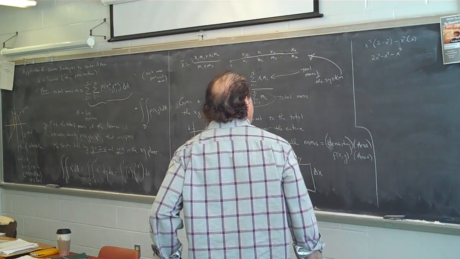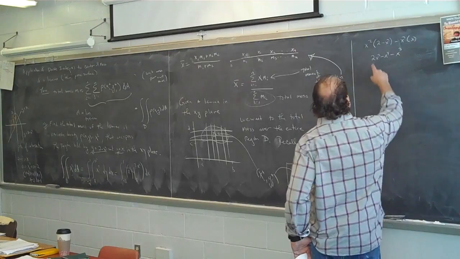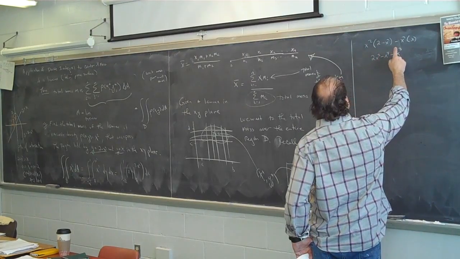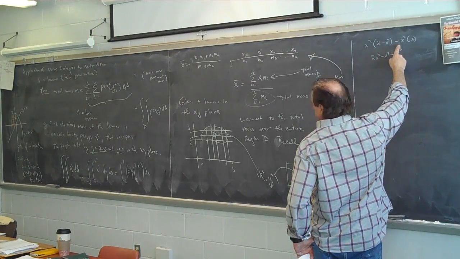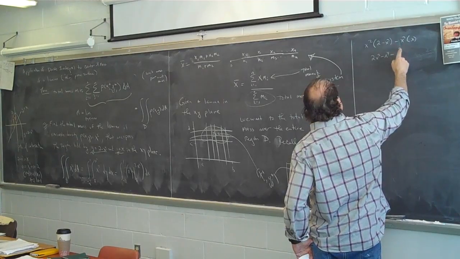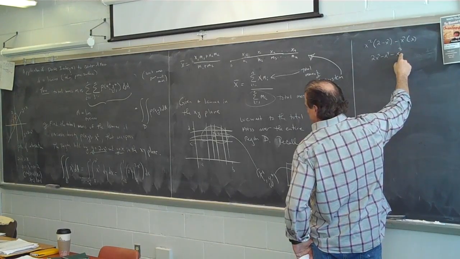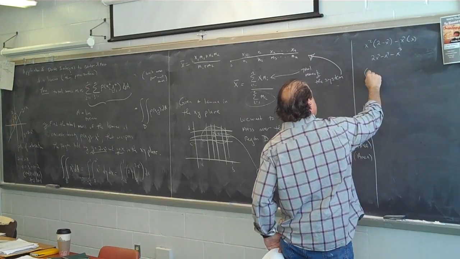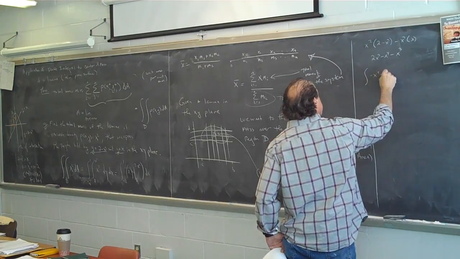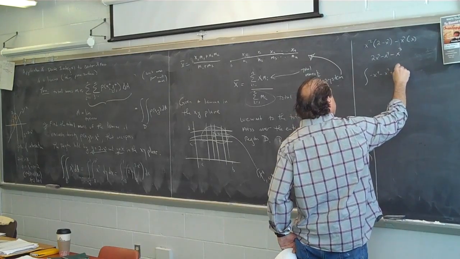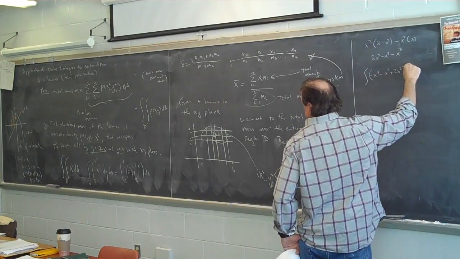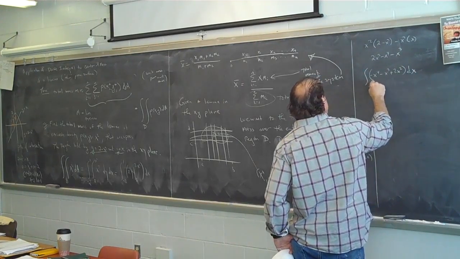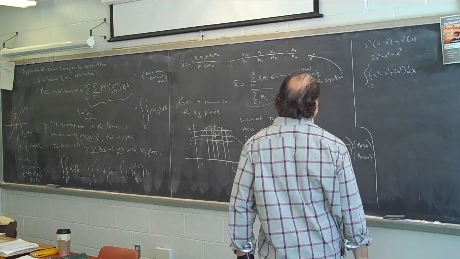Okay, 2x squared minus x to the 4th minus x cubed. Is that right? Yeah. So that's the integral of minus x to the 4th minus x cubed plus 2x squared dx from negative 2 to 1.